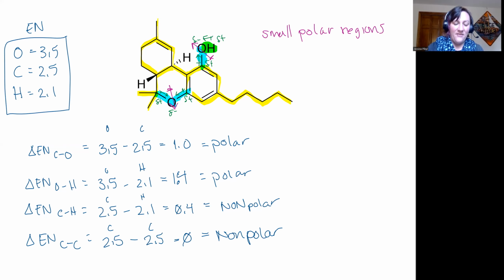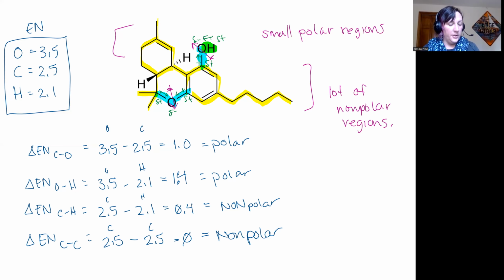And then I have a lot of nonpolar regions. And so we would say this is polar, except the molecule is so big, we have to ask, well, can just a small dipole moment in a large molecule really make the whole molecule react in a way that's polar?